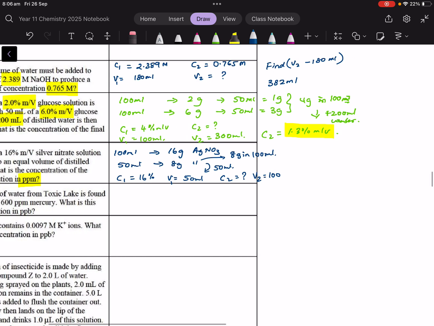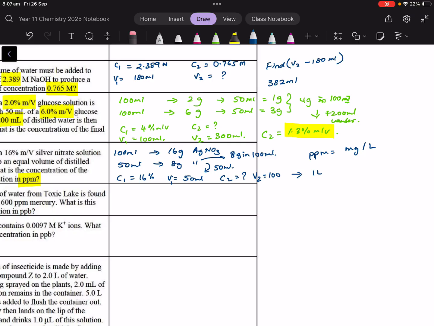Now for ppm is milligrams per liter. So I want to convert that into milligrams first, which is, so if I have, I need to convert that into 1 liter.